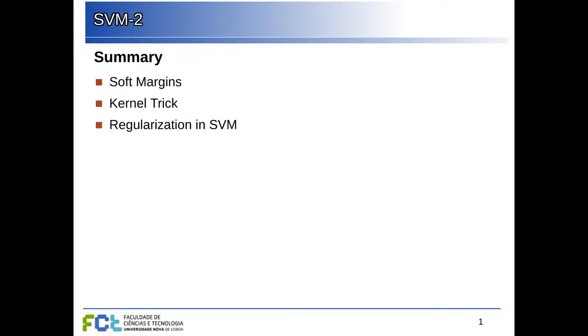That expression we're trying to optimize, and that optimization problem with those constraints that we formulated, has some very interesting properties that allow us to do regularization with soft margins very easily, and use this kernel trick, which allows us to implicitly do that nonlinear expansion into higher dimensions without actually having to pay the computational cost of doing the expansion. And then we're going to see how we can use this for regularization and for fine-tuning support vector machines.